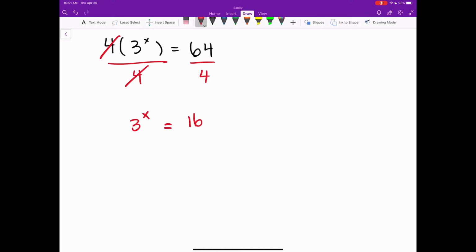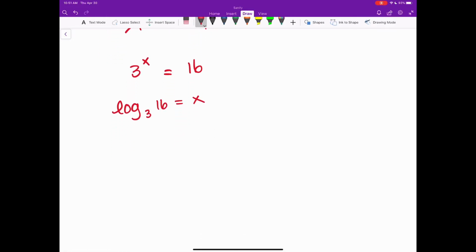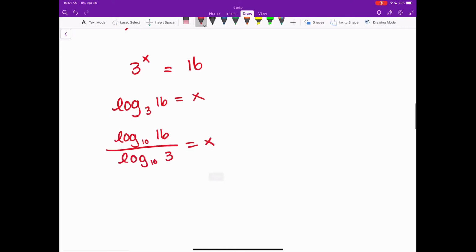I can write this now in logarithm form. So in logarithm form, that's going to be log base 3 of 16 equals x. I'm going to bring that change of base formula back, and I'm going to estimate this. So I'm going to say log base 10 of 16 divided by log base 10 of 3 is equal to x.